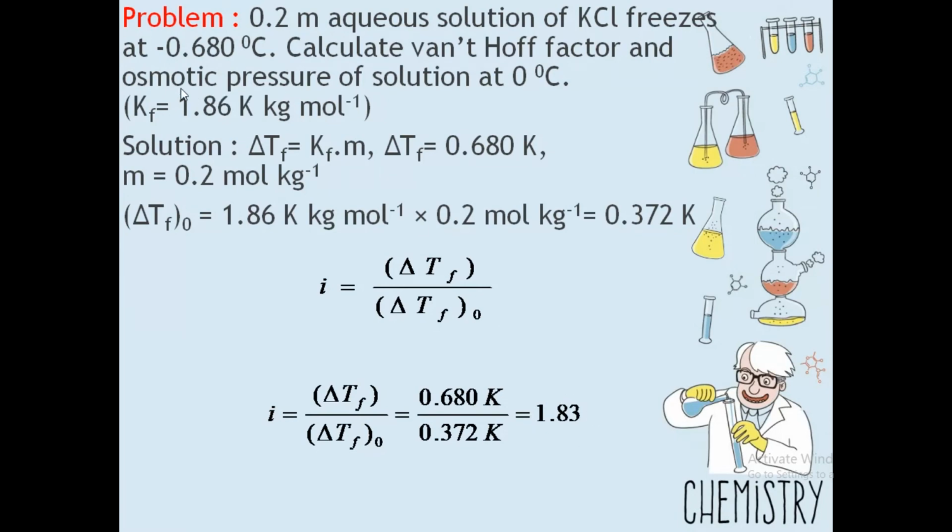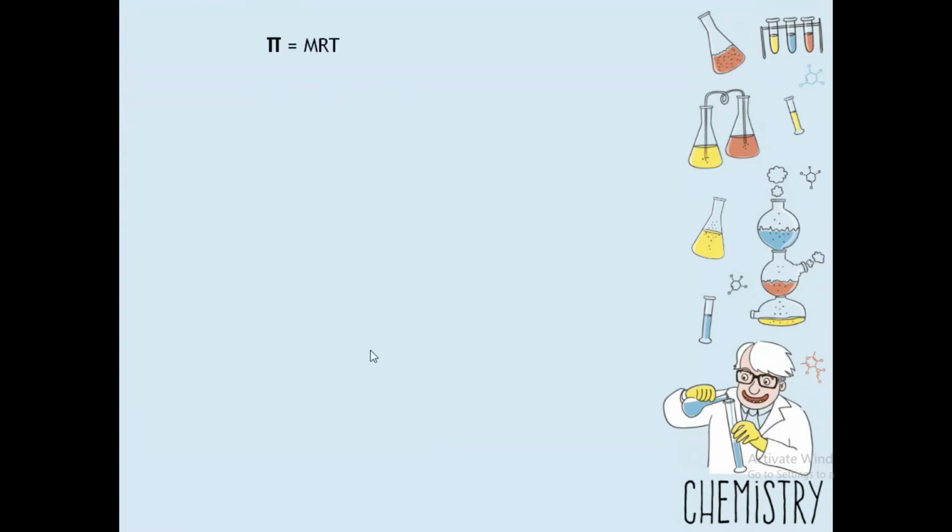Now we have to find the osmotic pressure of the solution. We know that osmotic pressure is CRT, where C is molarity, number of moles divided by volume, times RT.